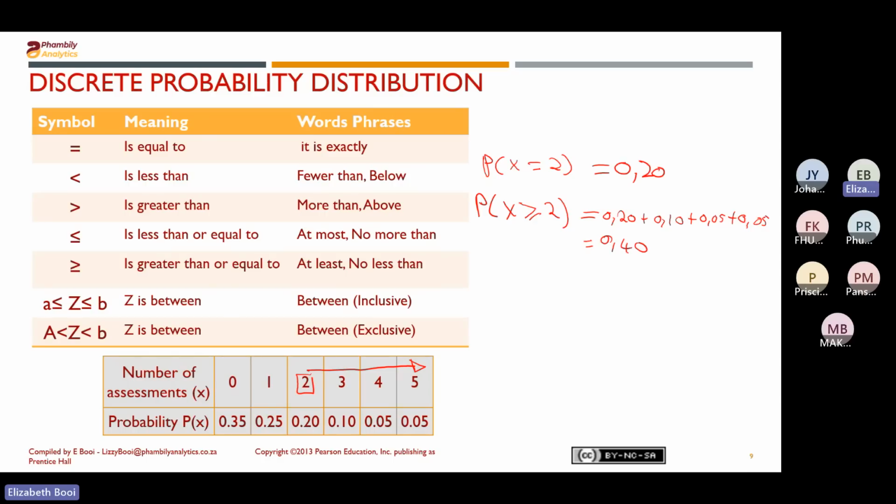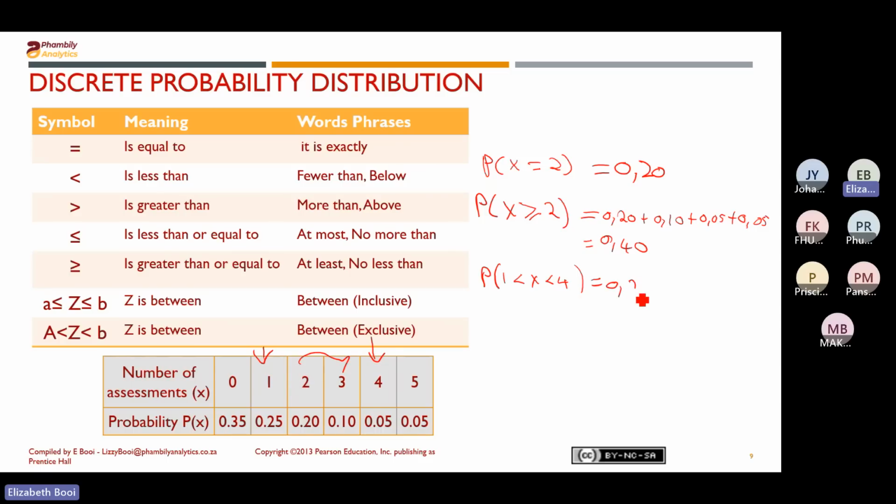And what if they say it is between 1 and 4 exclusive? So X lies between 1 and 4. We always use the smaller one first and then the bigger one last. So if they say exclusive, it means it will be less than for both sides. It says exclusive of 1. So here is 1 and here is 4, but it does not include 1 and 4. So then it's only those two values.